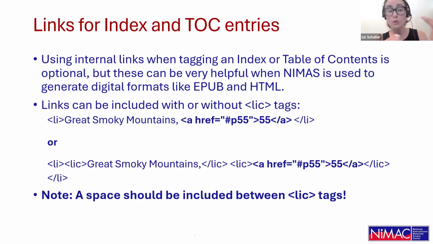Again, on the screen, we have two examples, both acceptable, of how to include your A tag with your link within a list item, one using the list item component tags and one not. So either way is completely fine. One note though, if you do choose to use list item component tags, a space should be included between those tags. It isn't automatically supplied by conversion software. If you don't include that space, those items will just show up right next to each other.